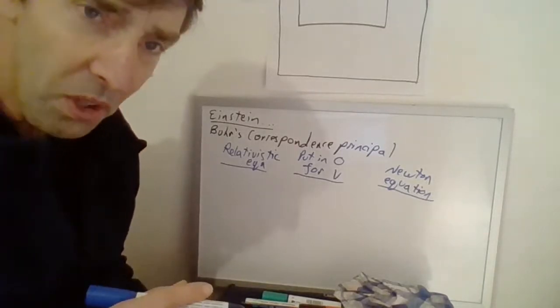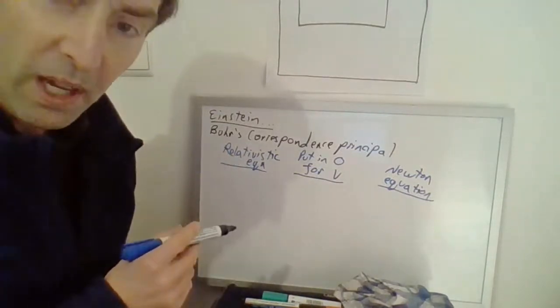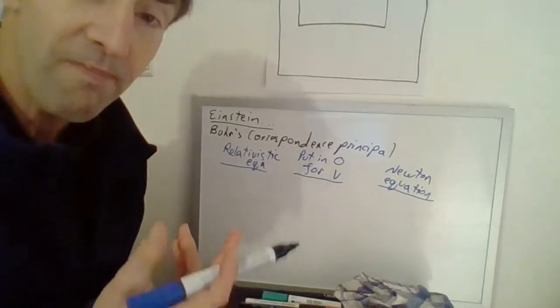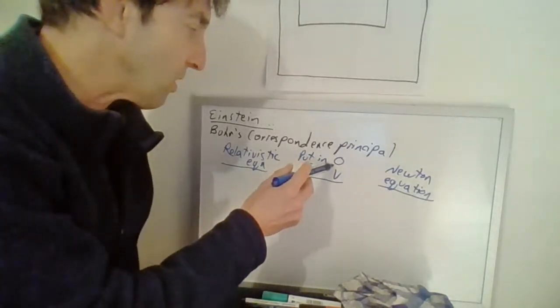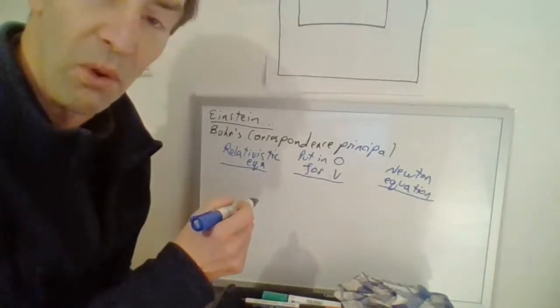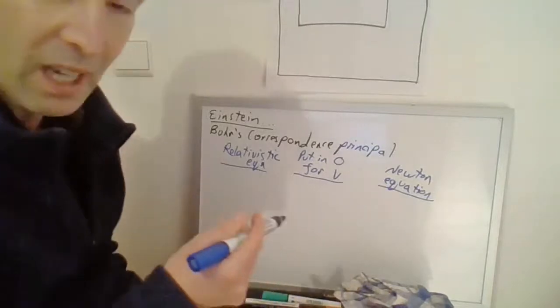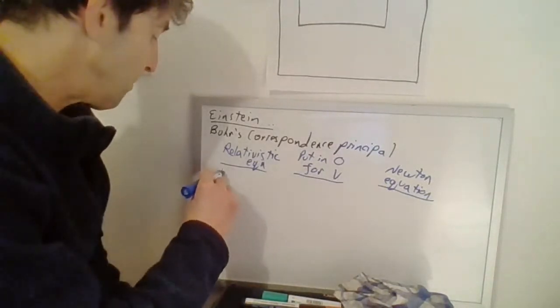So to do that, we're going to check three Einstein relativistic equations and see if they still work under Newton's conditions of a low velocity. We're going to do that by putting zero or close to zero in for the velocity and see what happens. I can't remember how far we got, but I don't think we finished this last time. So let's look at the first one.